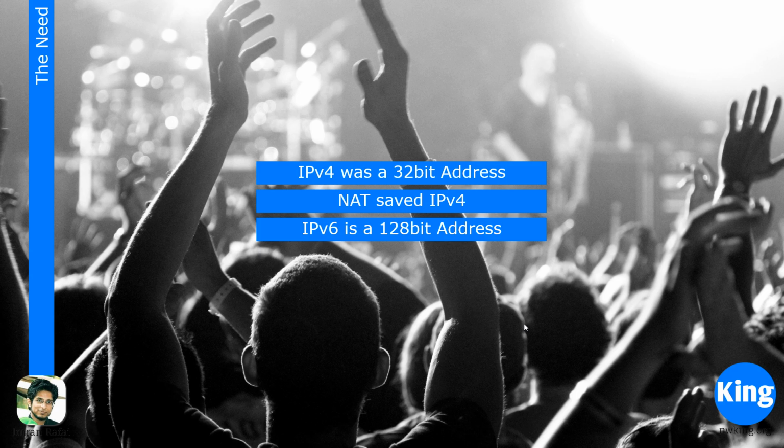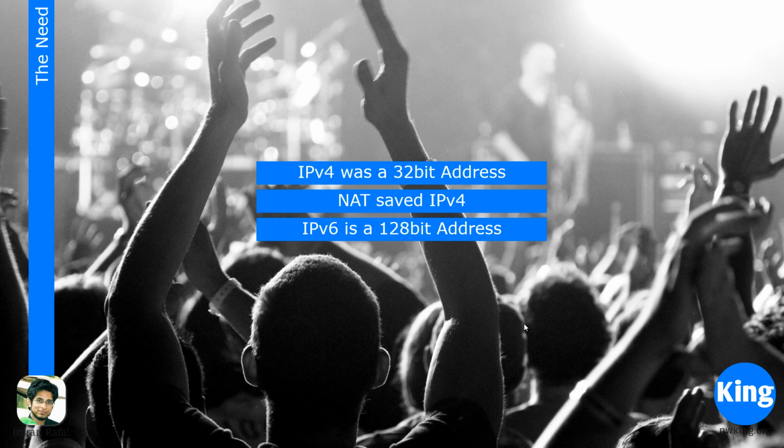But when they designed IP version 4, they thought that address space was more than enough. And if you remember the classes, we had class A, class B, class C, and class D, and class E was reserved. So roughly 75% of the IP addresses were usable, and they thought it was more than enough for the whole of humanity, right?